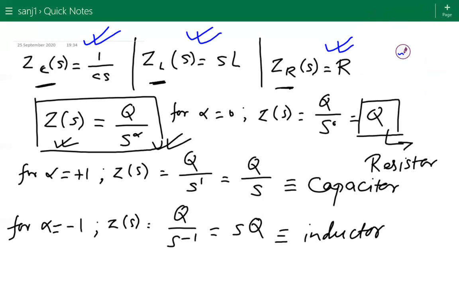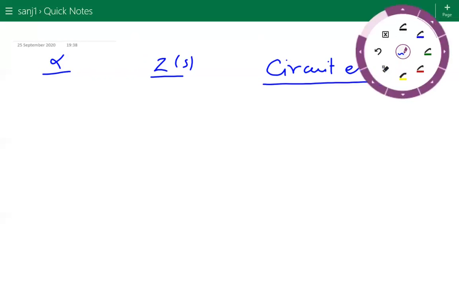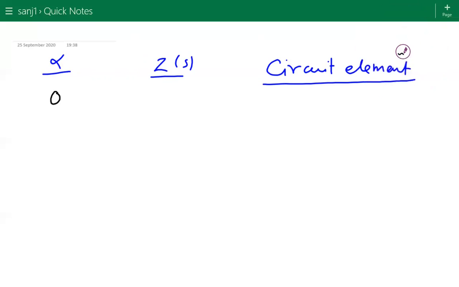Now, we can make some comments here. Let us draw a table which would contain the value of alpha, the Z(s), and the circuit element. If alpha is 0, then Z(s) will be q upon s to the power 0 equal to q. This will be a resistor.